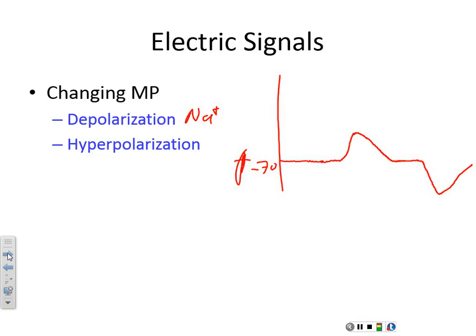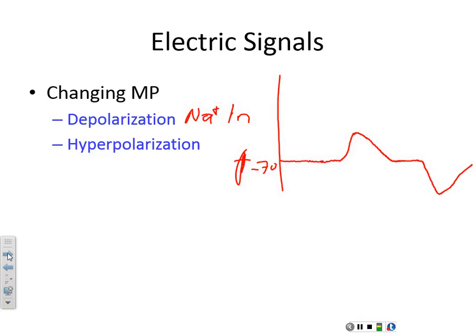Because if it's going up, it must mean the inside is becoming more positive. If you're going down, it must mean the inside is becoming more negative. And you can move any one of those ions, based on where it is, to create that positivity or negativity. So you don't have to memorize that. You just have to remember all the conditions at rest. So Na will move into the cell because there's more Na outside.